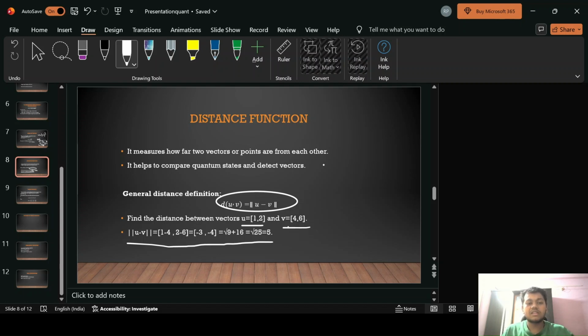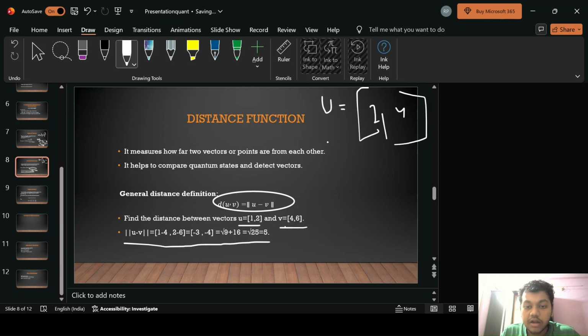So now let's take another example so we can conclude more about the distance function. Let us consider u equals 2, 4 and v equals 1, 1.